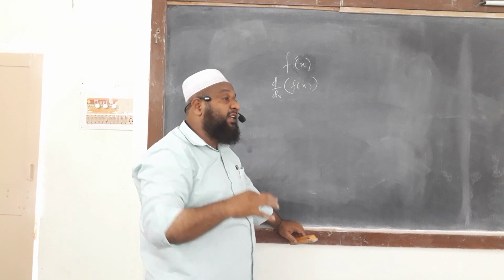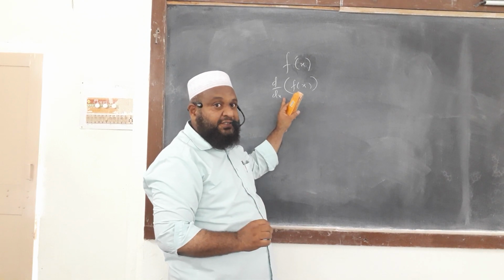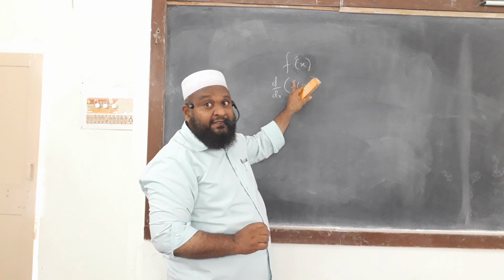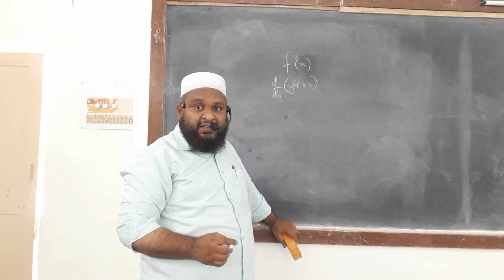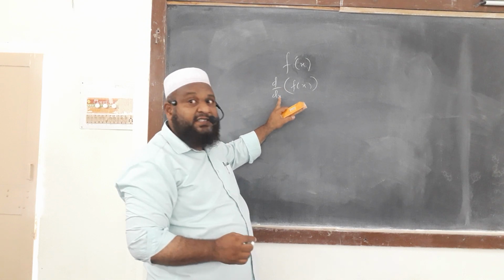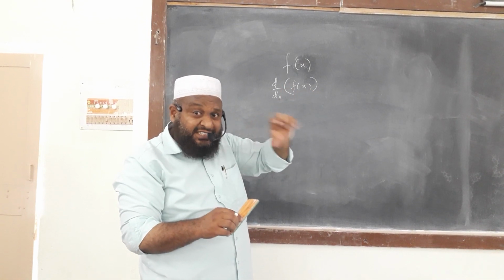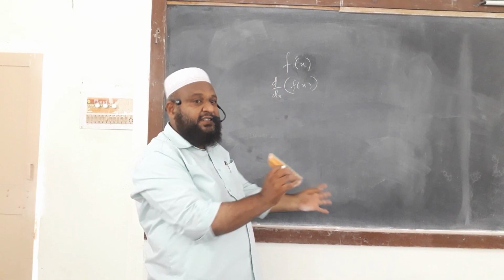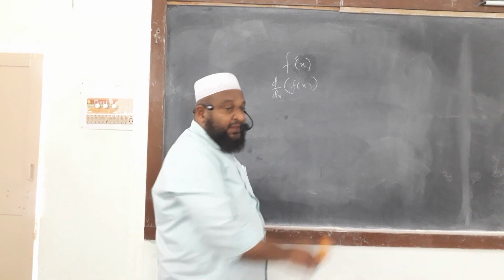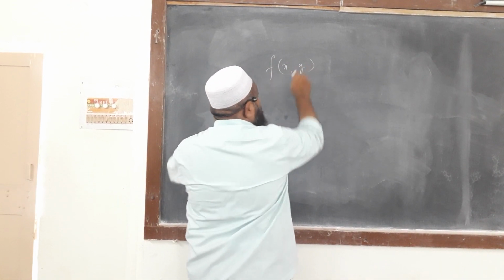This derivative is a measure of change in f when x changes. F depends on x, so when x changes, definitely there will be a change in f. So the measure of the change in f with respect to change in x is the derivative of f with respect to x. For example, f depends on two things, x and y.